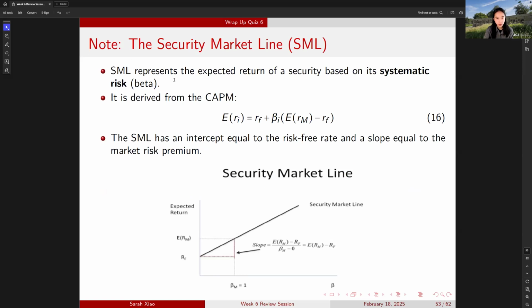The security market line represents the expected return of a security based on its systematic risk. It is also derived from CAPM. The security market line has an intercept equal to the risk-free rate and a slope equal to the market risk premium, as shown in this figure here.